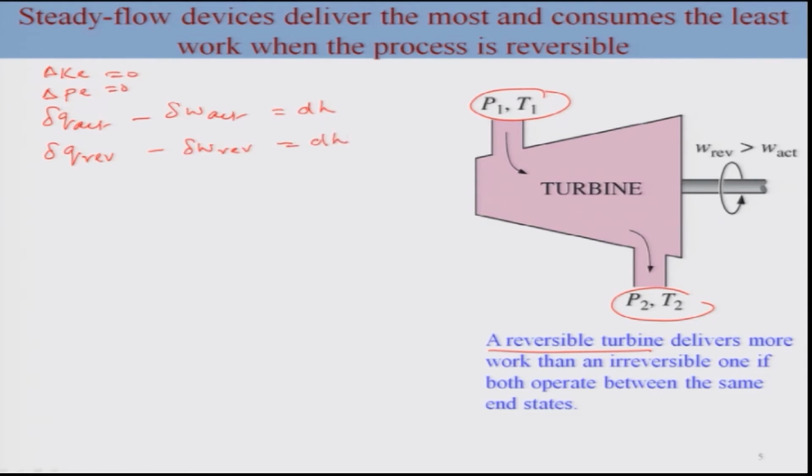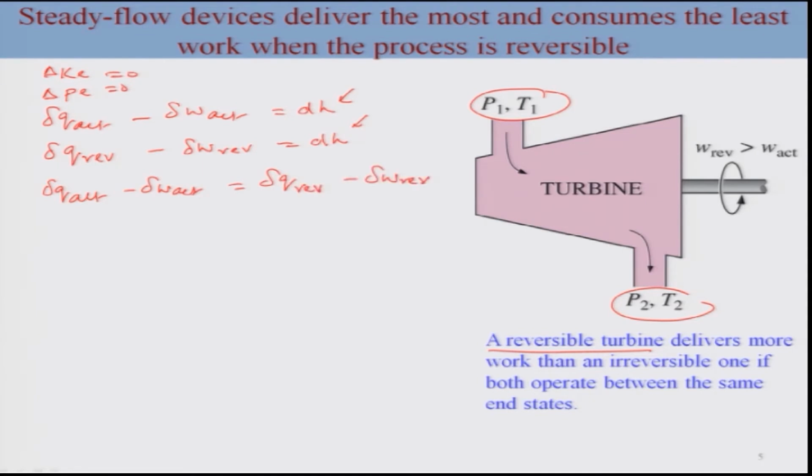Now this is going to be the same because H is a state function, that is a property, and hence the change in enthalpy depends only on the initial and the final condition. So you can write this expression, that means the left hand side should be the same, which essentially means I can write as follows.